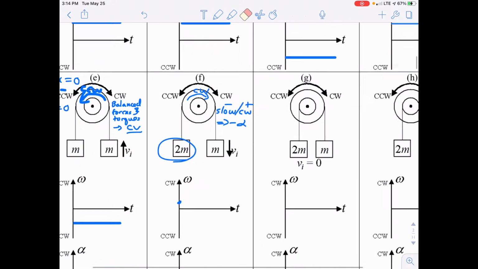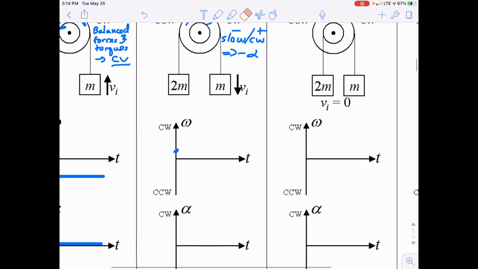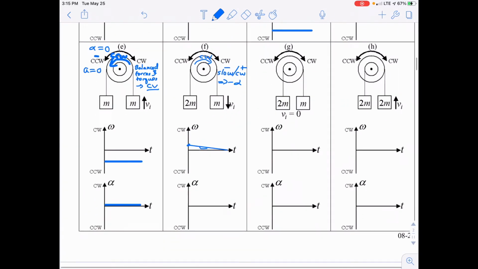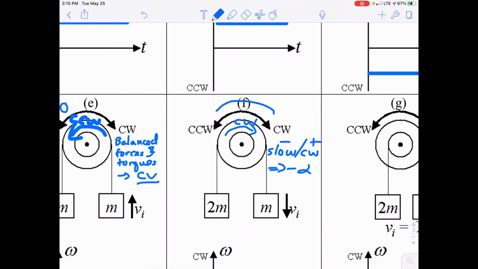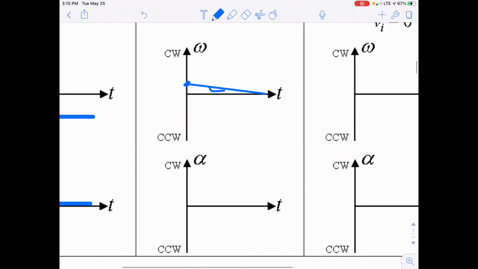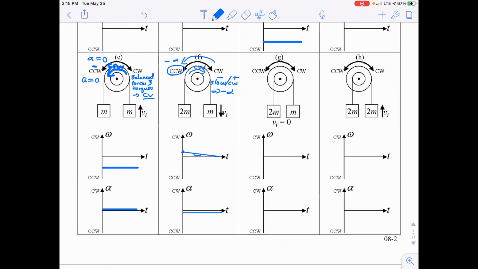You have a lot of opposition on this side right here, which means you should expect a lower value of your omega. It'll still drop to 0. So your graph will look the same, but it's dropping from a smaller height. And therefore it has a smaller slope. If you're slowing down, your acceleration always goes opposite the spin. So alpha goes in the negative direction, and it's a negative constant alpha. It's very close to 0, but it's not 0. It's just a small value of acceleration.